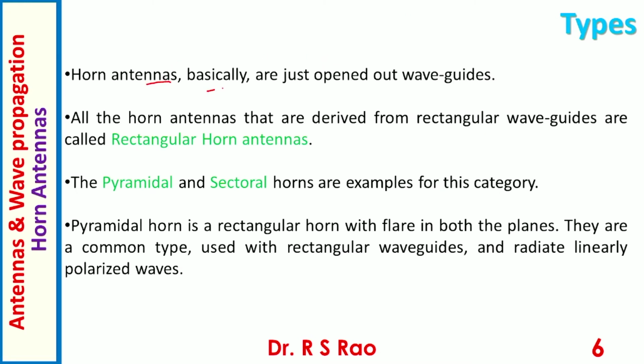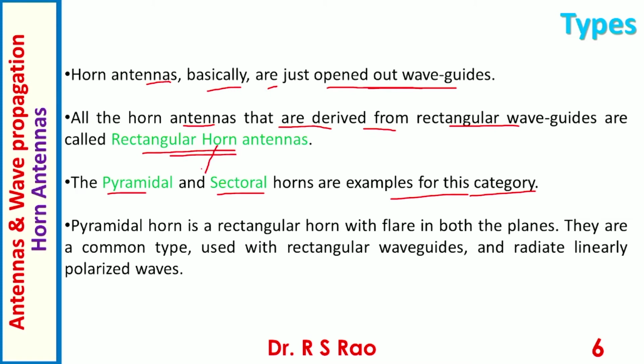Horn antennas basically are just opened out waveguides. All the horn antennas that are derived from rectangular waveguides are called rectangular horn antennas. The pyramidal and sectoral horns are examples for this category. So in rectangular horn antennas, two types are there. One pyramidal, another is sectoral.